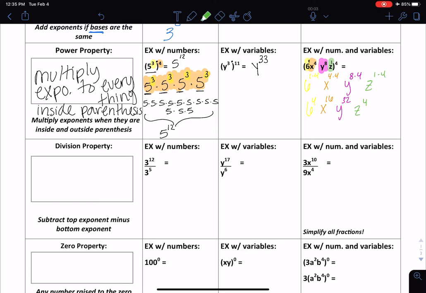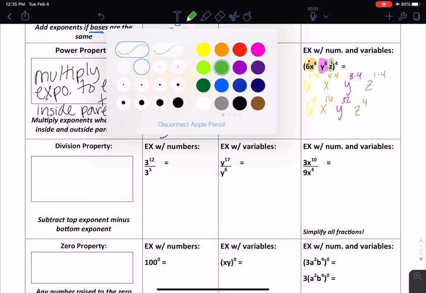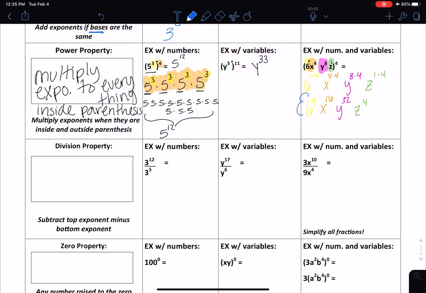Okay, and my final answer is this one right here in the blue bubble. So all 4 parts of the inside of the parentheses got multiplied by 4. And that's what I showed you on this part right here. I got my final answer by multiplying all of them by 4.